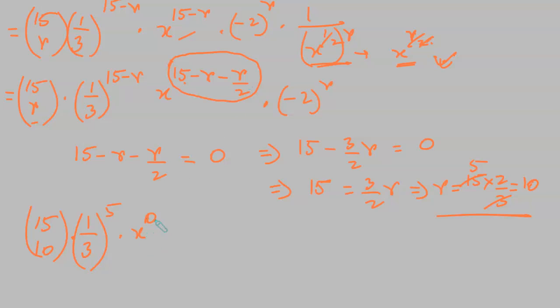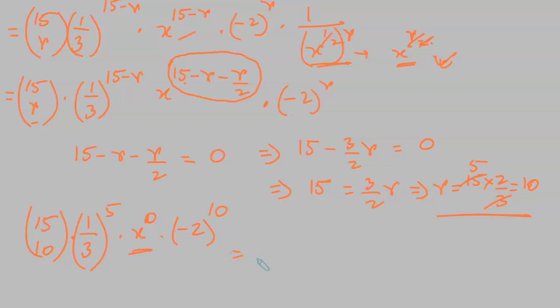That is why they are saying that this is a constant term. See, x to the power of 0 is equal to 1. You won't have any x in this term. So finally it is minus 2 raised to the power of 10.